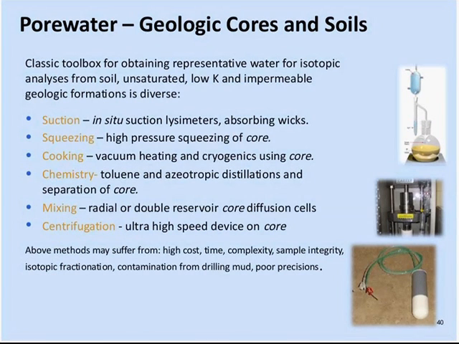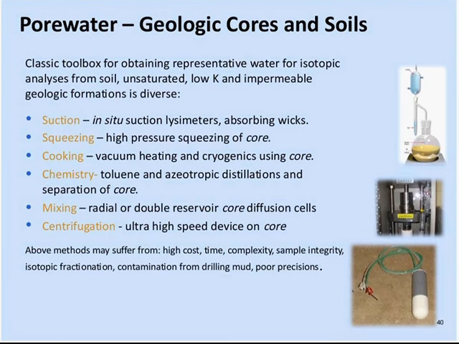Now, this is the classic toolbox for getting pore water from soil or unsaturated soils, low permeability geologic formations. And there's about 4 or 5 methods listed here that have been used over the past decades. One would be unsaturated sampling by suction using lysimeters or absorbing wicks. High pressure squeezing of the core would be another way to try to squeeze water from a core.